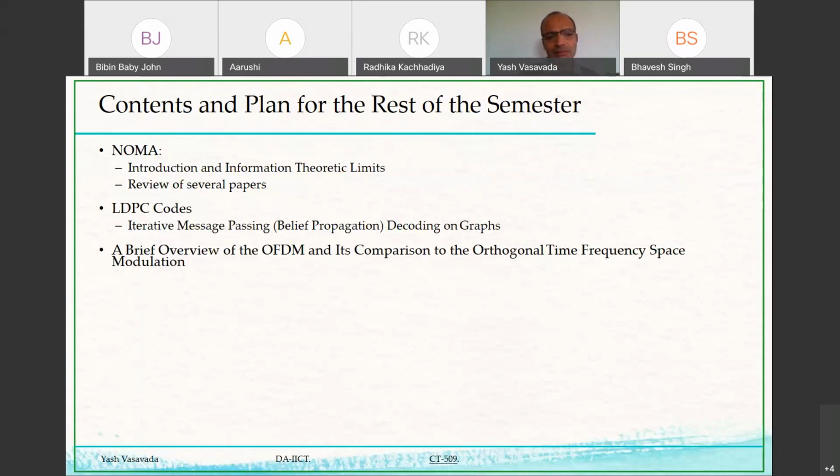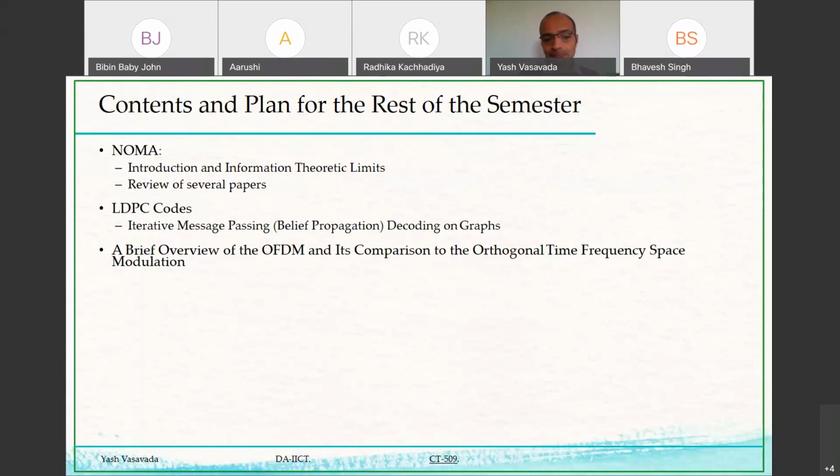After that, I want to spend maybe 1 lecture on the orthogonal time frequency space modulation, and specifically I want to show how it connects to OFDM. If you recall, in one of the earlier labs, I had asked you to understand the OFDM technique in terms of the eigenvalue decomposition of the channel matrix.